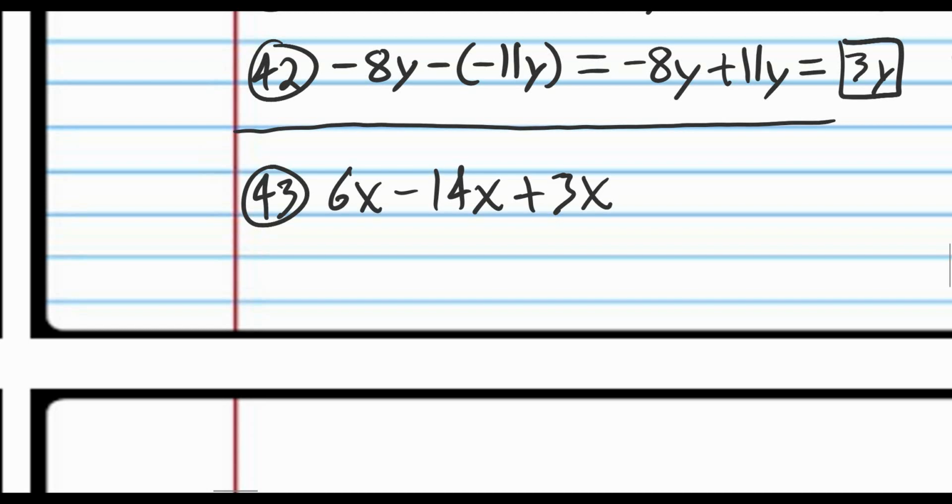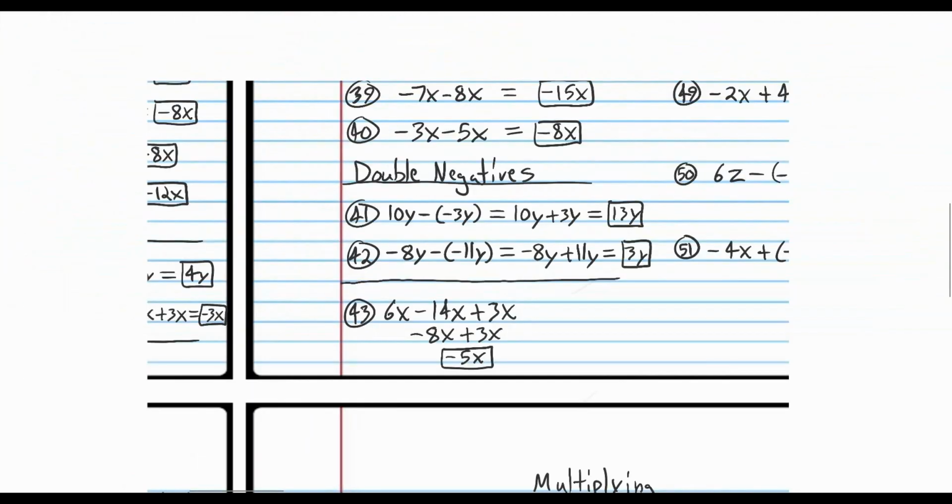We're going to keep the tradition to move left to right. So 6x minus 14x would be negative 8x. And then after that, it just reduces to the same problems we were doing before. So negative 5x.